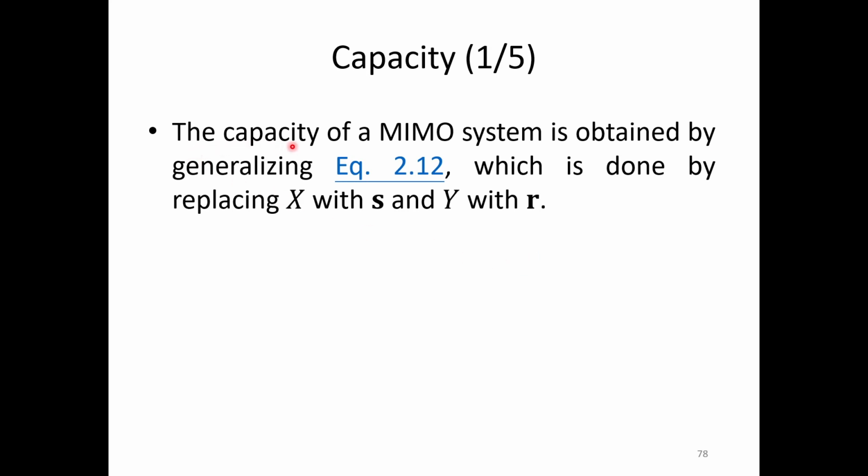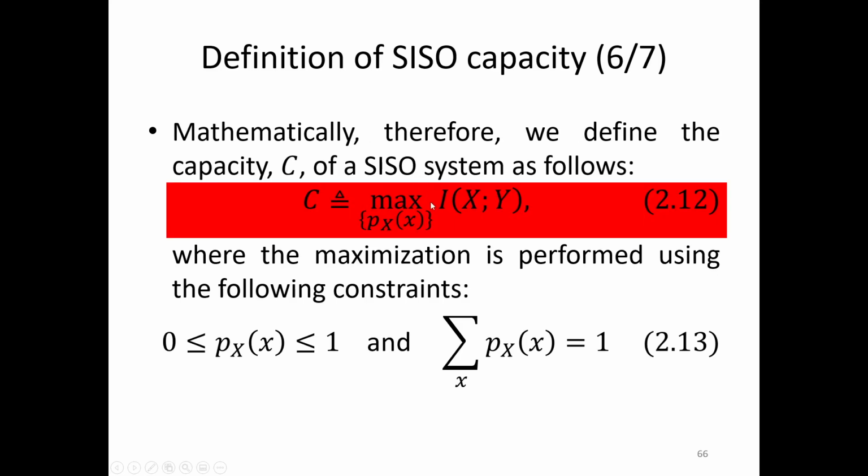Okay, the capacity of a MIMO system is obtained by generalizing equation 2.12. Let us go to equation 2.12 and review it.